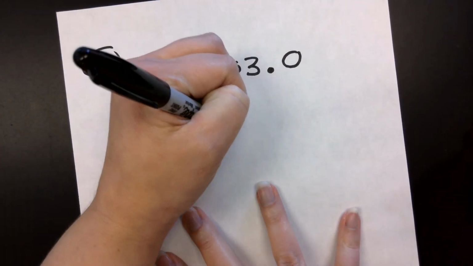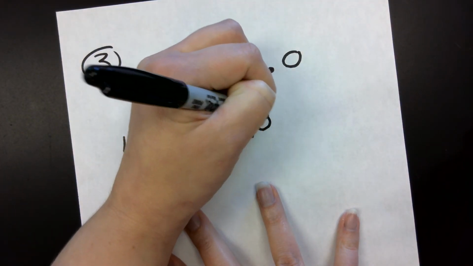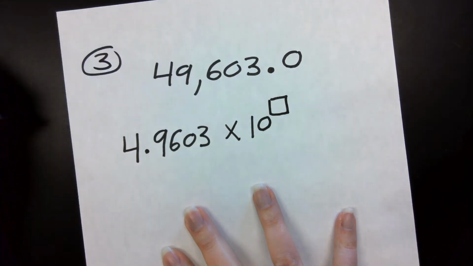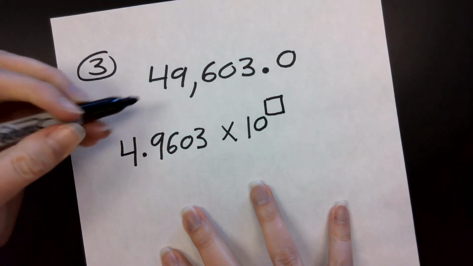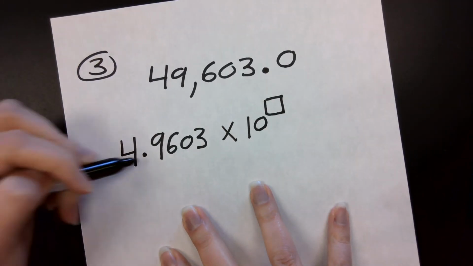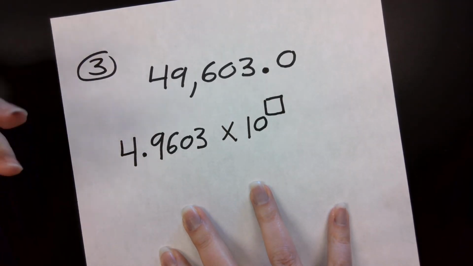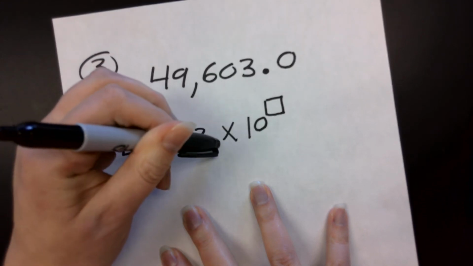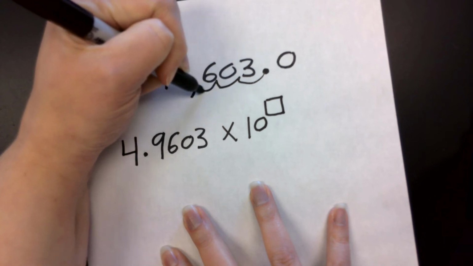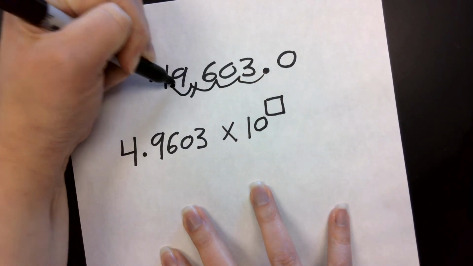And then we have to do times 10, and the number we put up here as an exponent has to be how many times we moved our decimal point from when we started to when we ended. And so we can simply count: 1, 2, 3, 4.